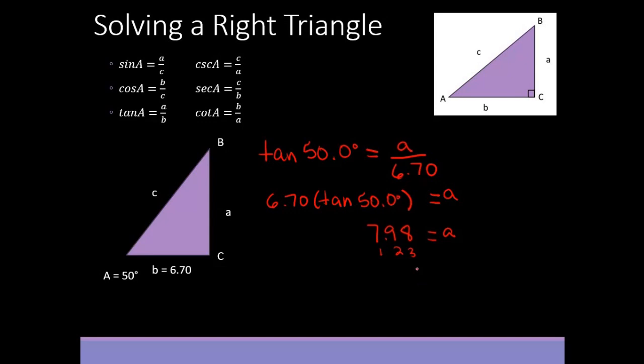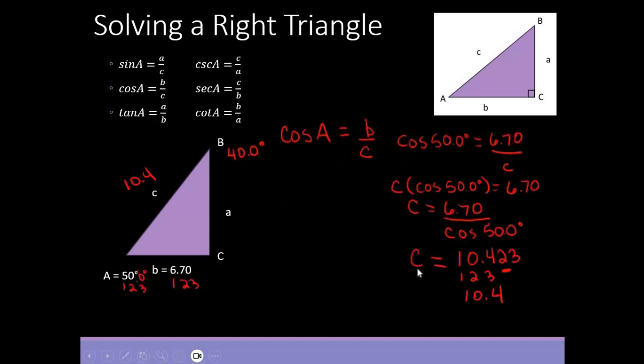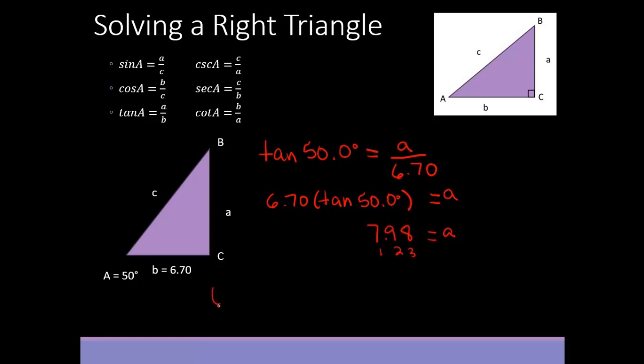Okay, now if we want to check ourselves, what we could do is take this value, 10.4, that's our C, our lowercase c, the side, and this value, B, 6.7, we could take that and check it and see if it is accurate or close to accurate.